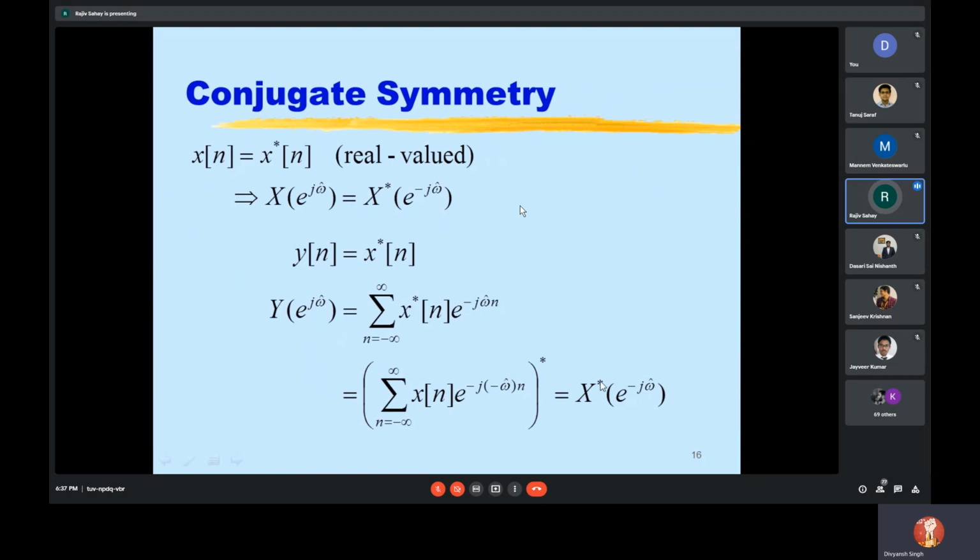So if you do this manipulation, then it turns out to be x star e power minus j omega. So in the notation of capital omega, it will be x star of minus capital omega.